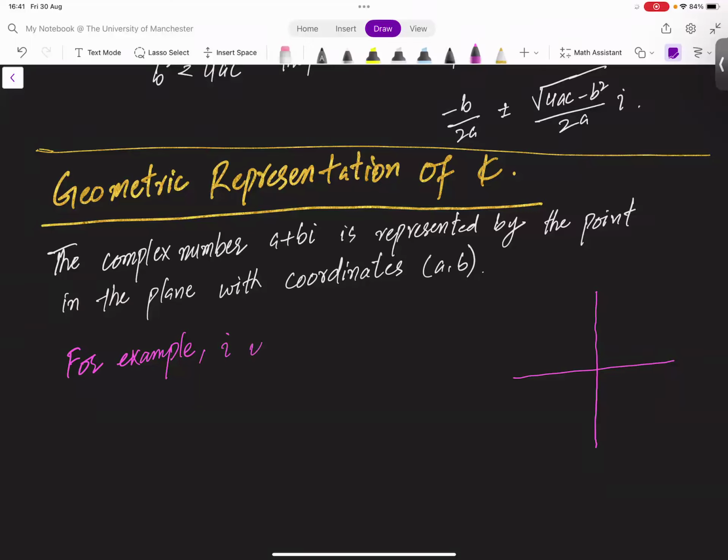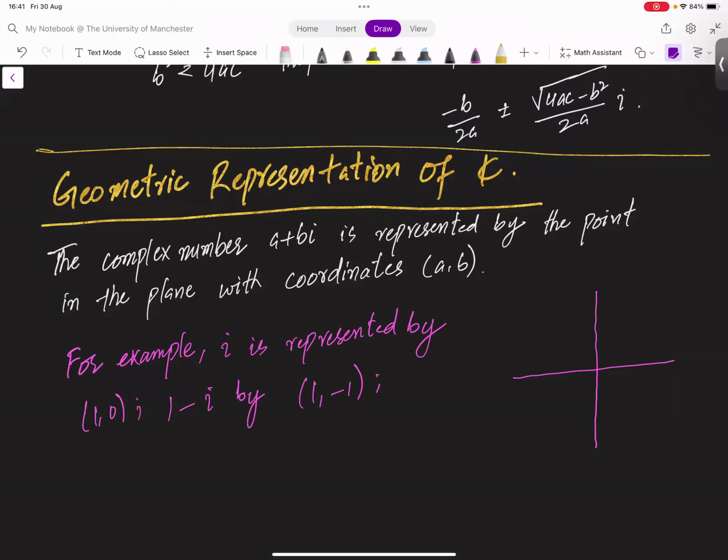Iota is represented by 0 comma 1, then minus iota, then 1 minus iota by 1 comma minus 1, and so on.